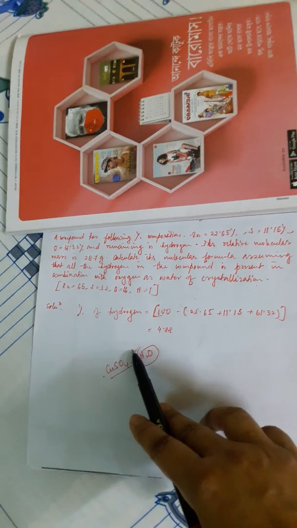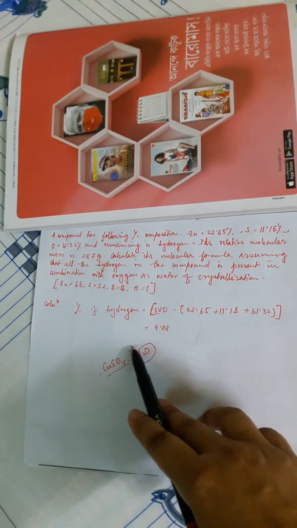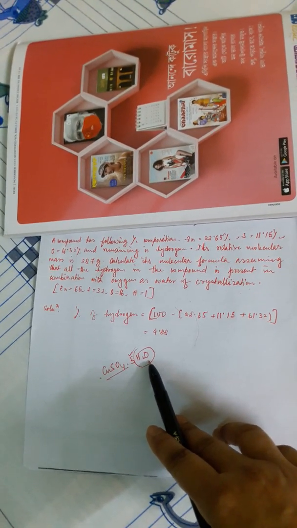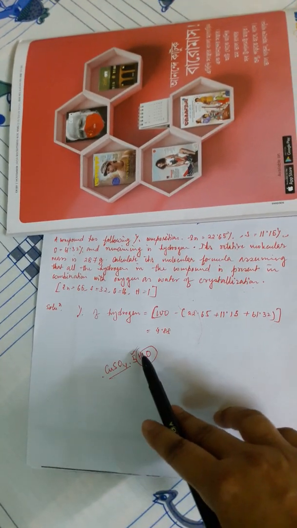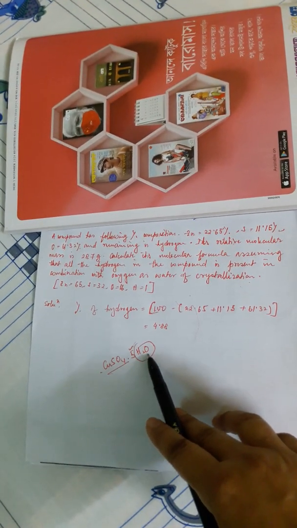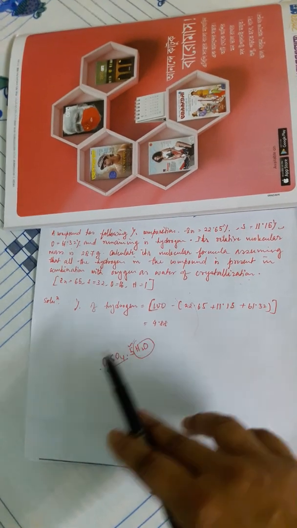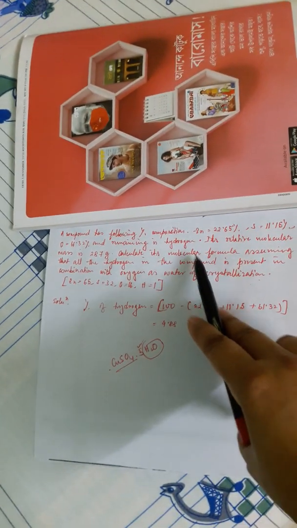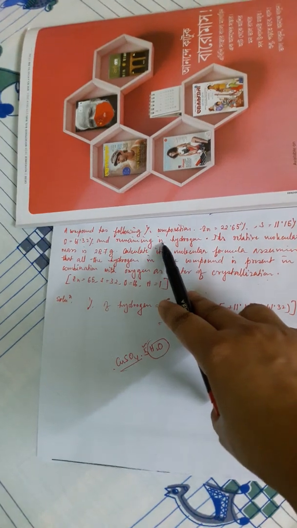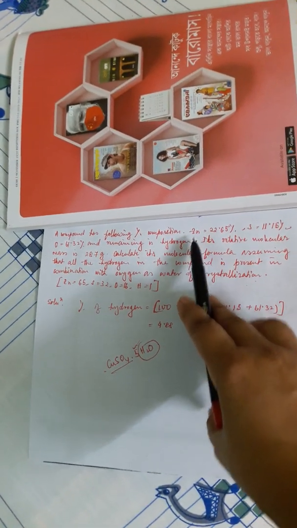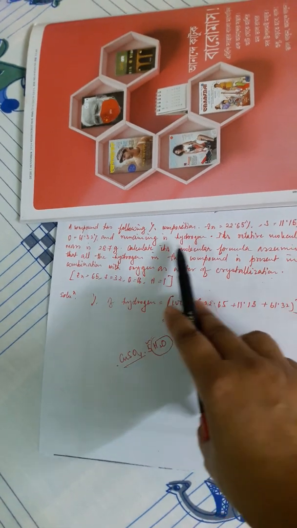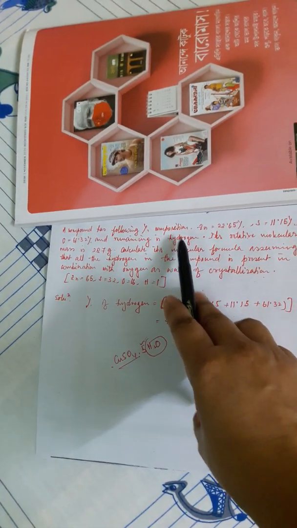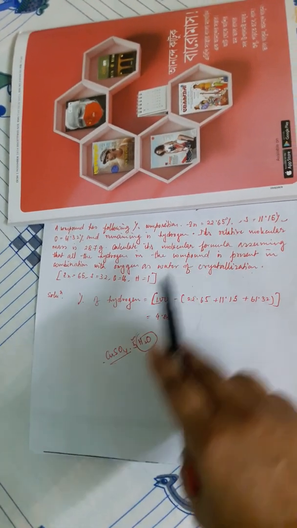Look here, these 5 molecules of water are in loose combination with 1 molecule of copper sulfate. So its water of crystallization is 5. So in this compound also, the total hydrogen is in combination with oxygen, that means as H2O.